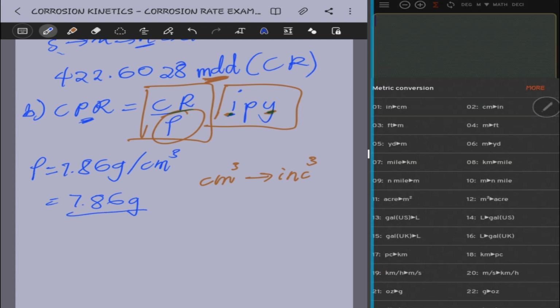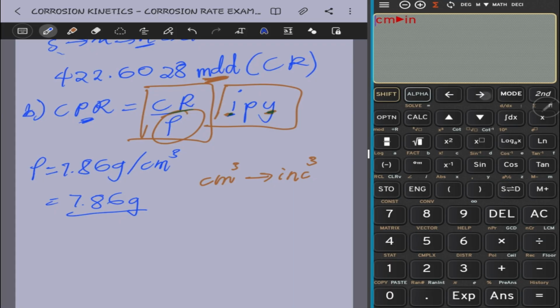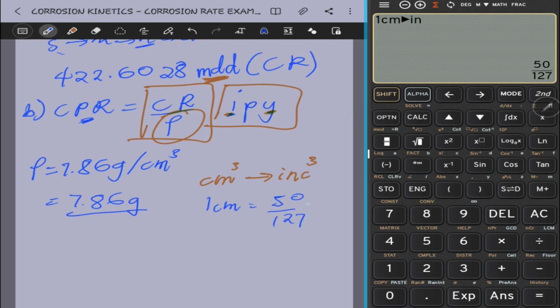So 1 centimeter is equal to 50 on 127 inch, right? If we are looking for centimeters cube, that will mean that we just have to cube this, and the result will be this cube in inch. That is it, straightforward.